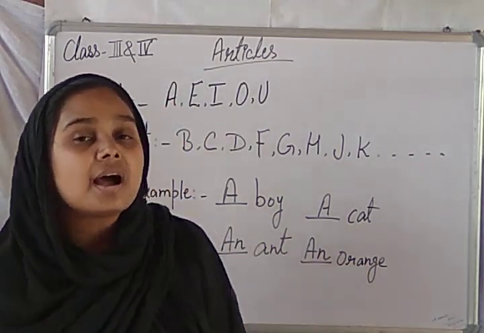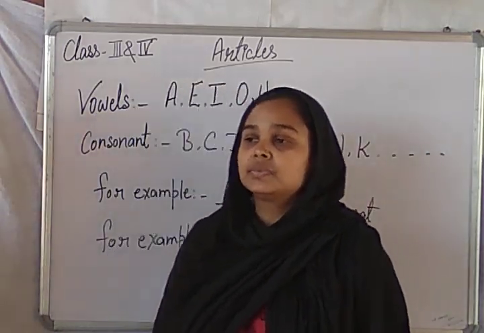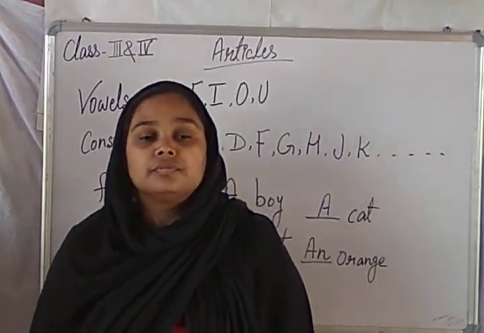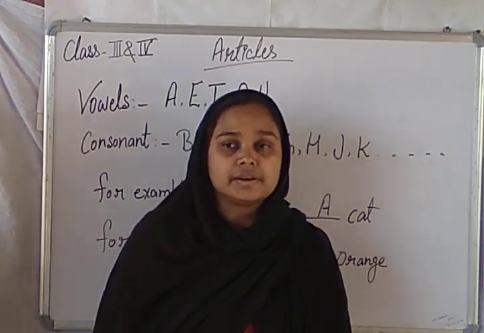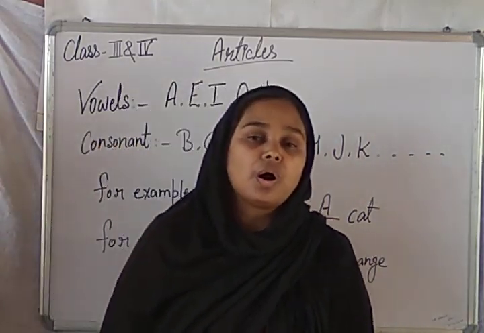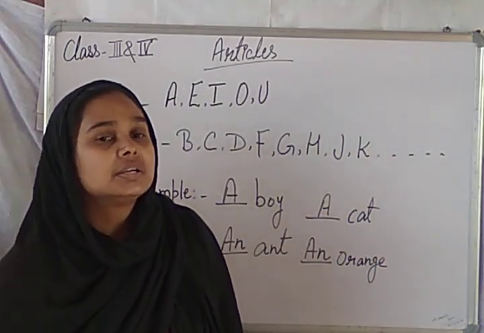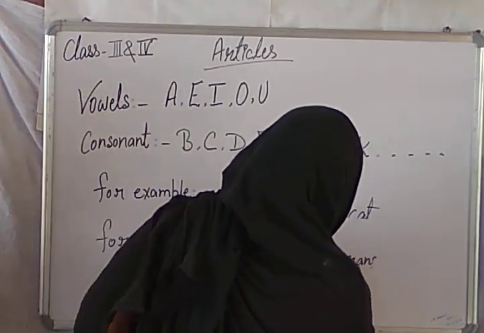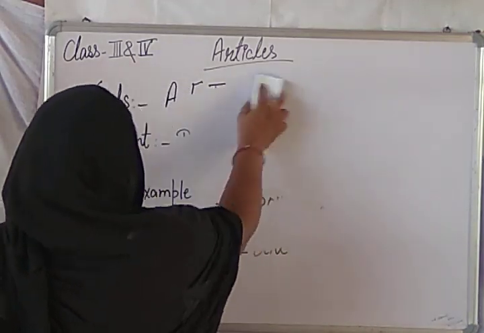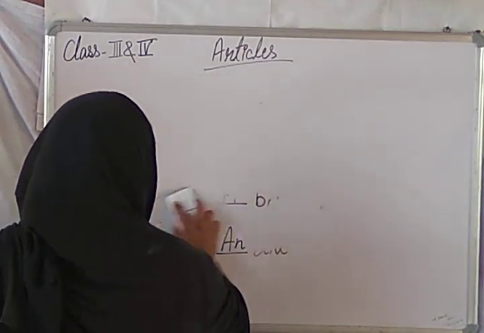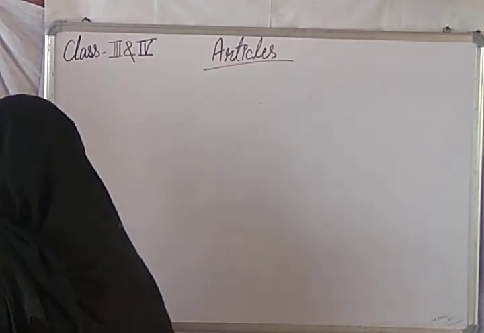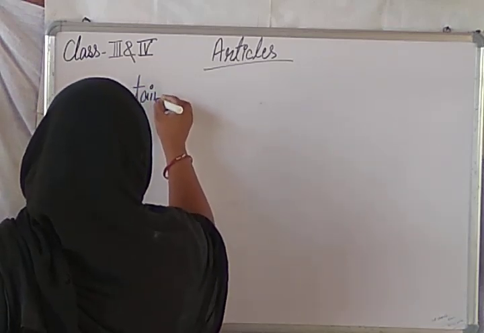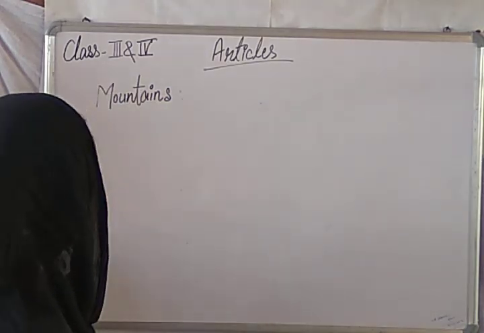Now let's see the use of article the. We use article the with a special person or particular object. Before the names of mountains.